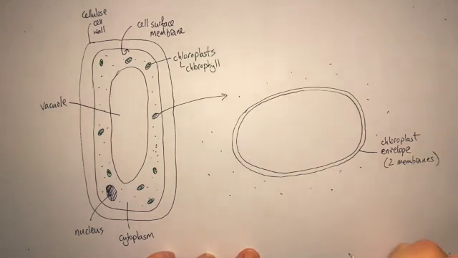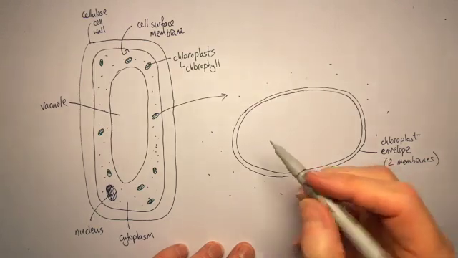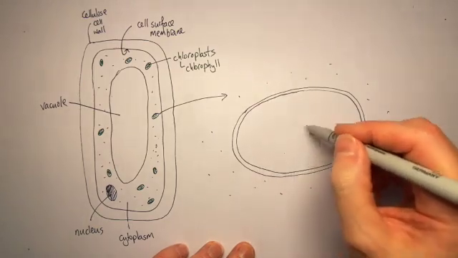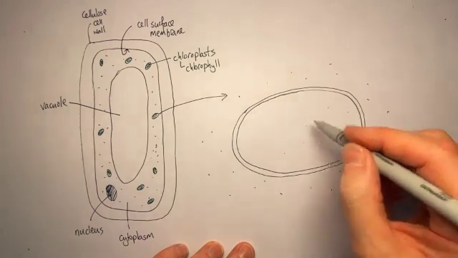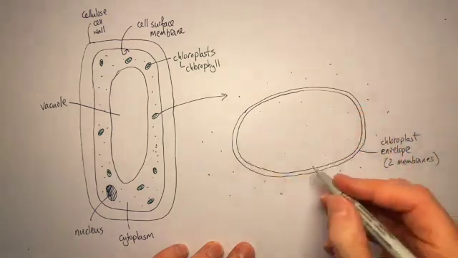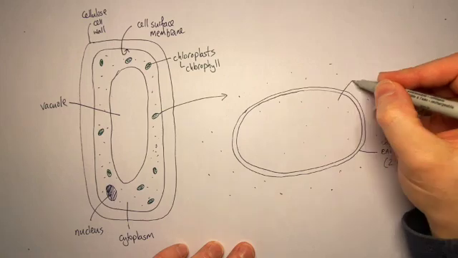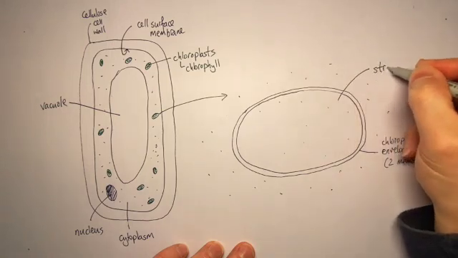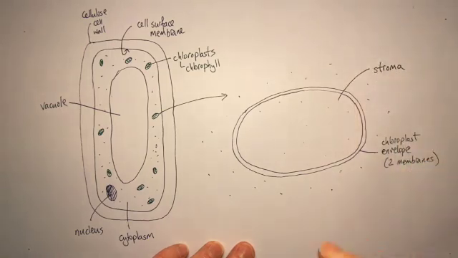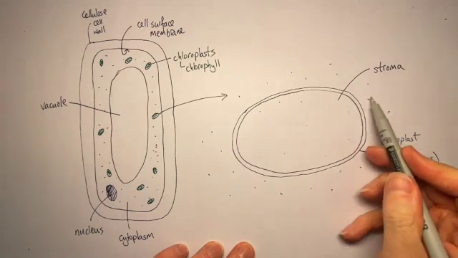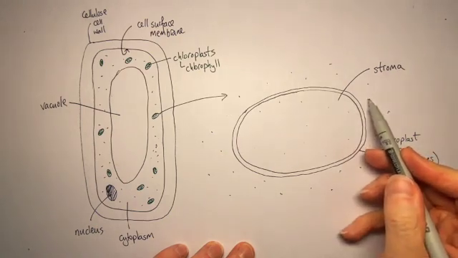Outer and inner membrane. Inside the chloroplast is a liquid, and that liquid in some ways is similar to cytoplasm but isn't. It is different, so we call that liquid the stroma. Do not get that confused with cytoplasm, which is outside.